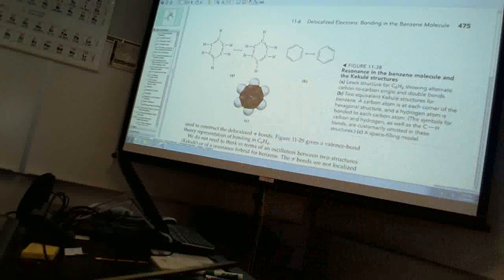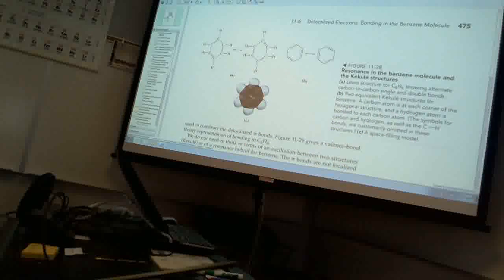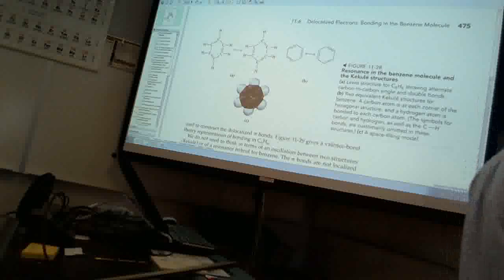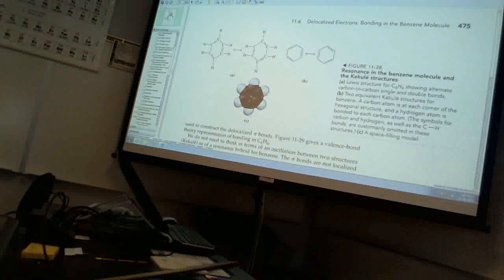Basically, I'm going to draw this hexagon to represent benzene here, showing the bonds. Each of those carbons is sp2. And so that means the p orbitals, this is a side view here, are all sticking up like this.